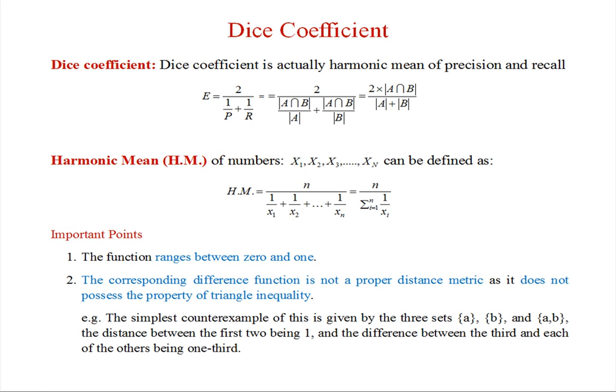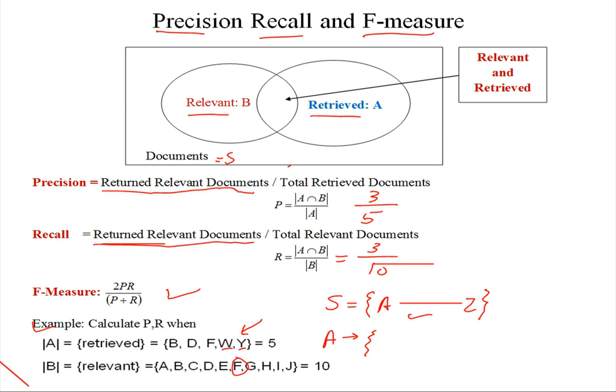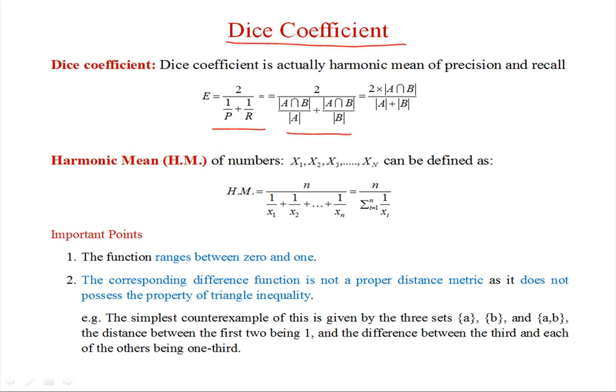Now another coefficient is the dice coefficient. Dice coefficient is actually the harmonic mean of precision and recall, so it is equal to 2 divided by 1/p plus 1/r. Now for this set of relevant and retrieved documents, it can be calculated like this: 2 into the set of documents which are both relevant and retrieved, divided by the cardinality of relevant documents plus the cardinality of retrieved documents.